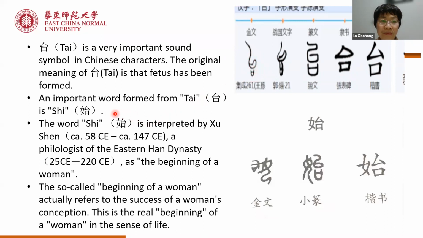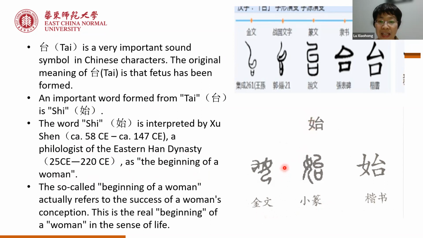A very important word formed from this Tai is 始, meaning beginning. The word 始 here is interpreted by Xu Shen, who was a philologist of the Eastern Han Dynasty. He said that the word 始 means the beginning of a woman.